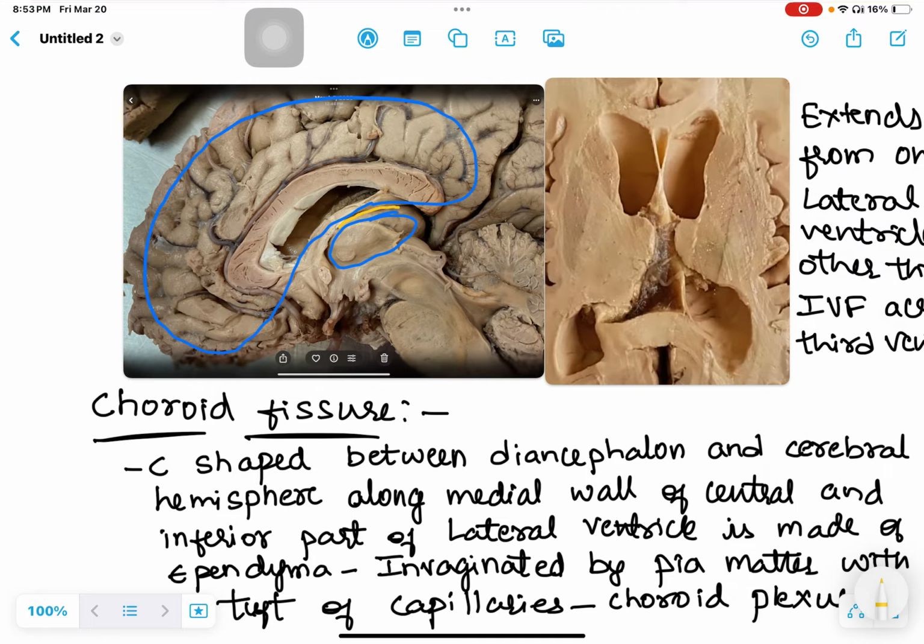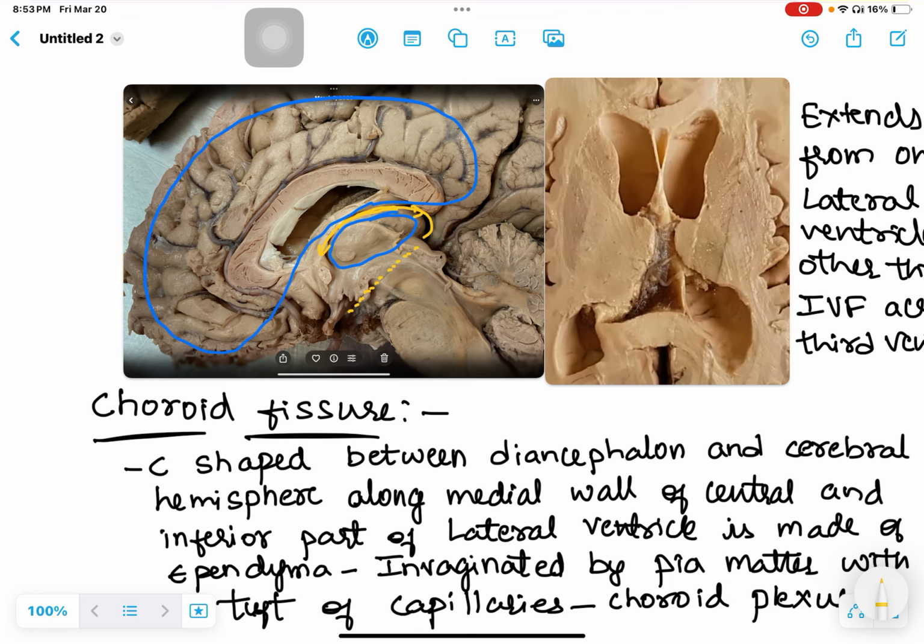This gap extends along the medial wall of the cerebral hemisphere, first along the central part and then into the inferior horn.